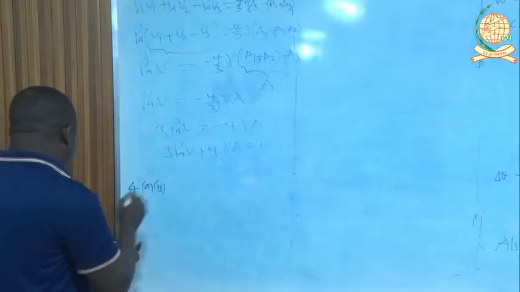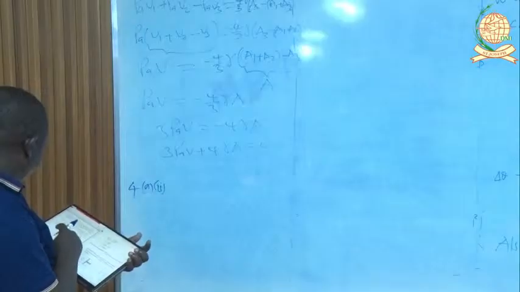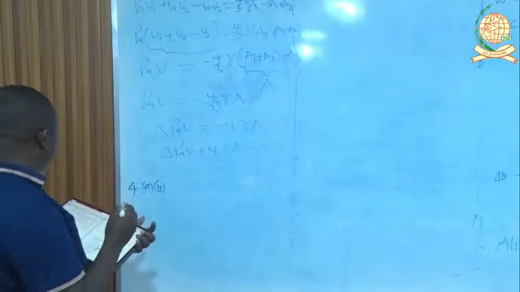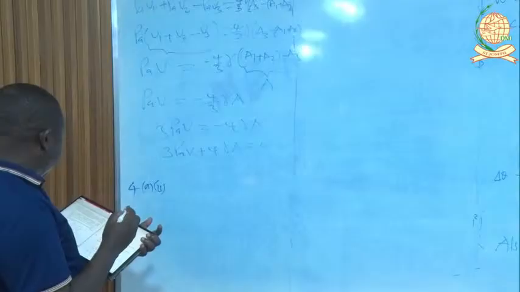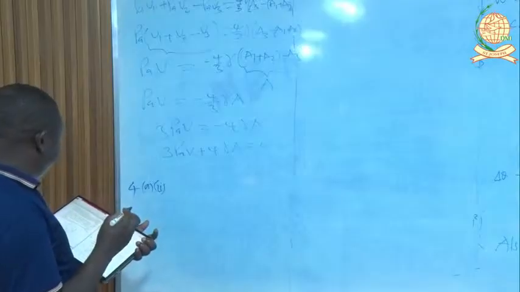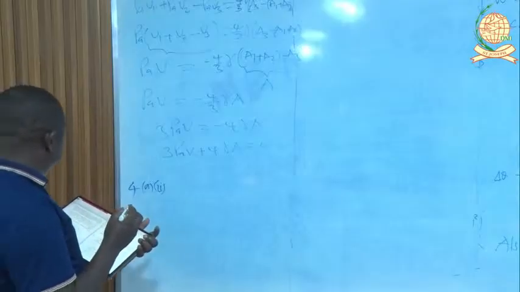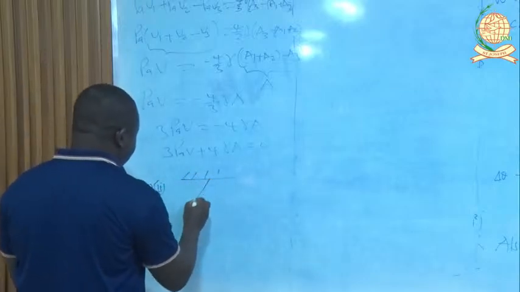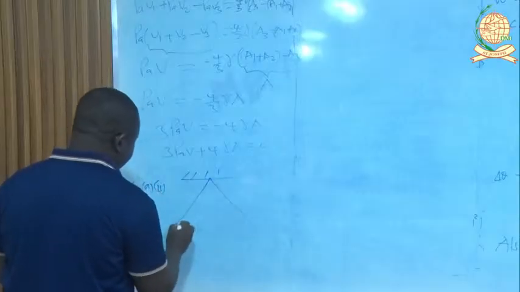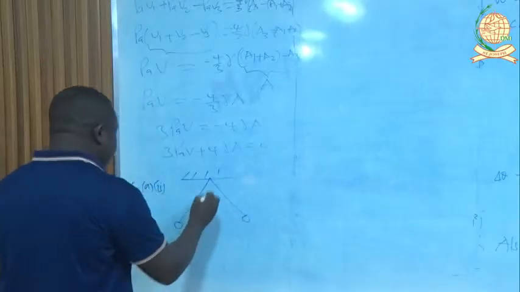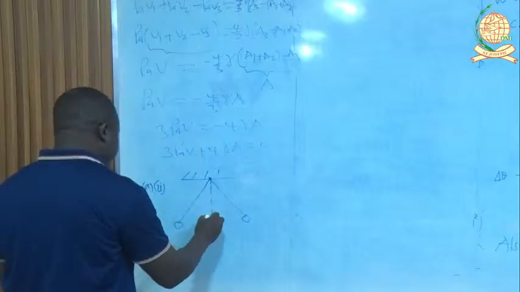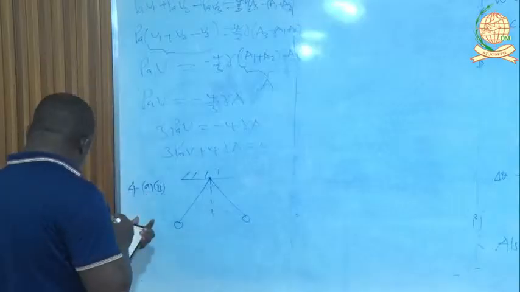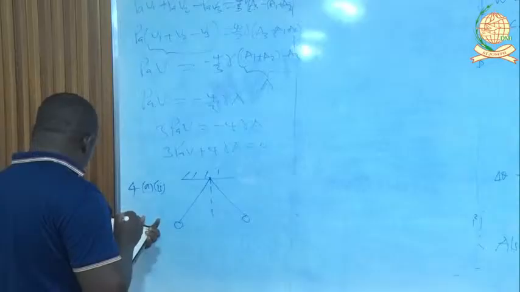For Roman 2, 2 identical charges are suspended by 2 strings of equal length in air. So we have identical charges suspended in air by 2 strings of equal length.